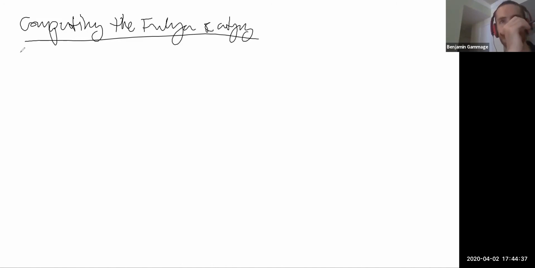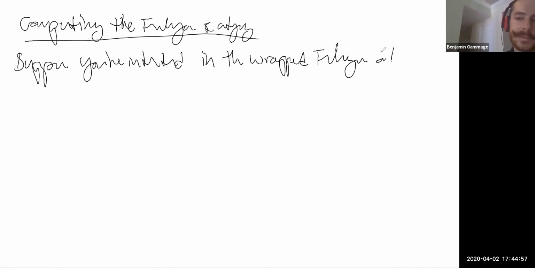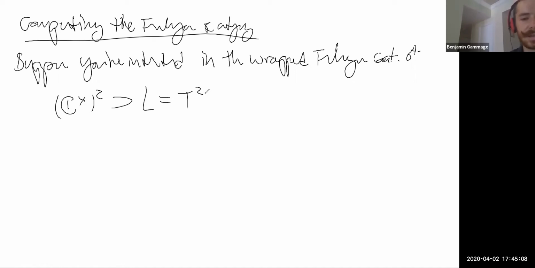First of all, all of my Fukaya categories will be wrapped. So in the wrapped Fukaya category of, as a warm-up, let's do C star squared. And inside here, this has a favorite Lagrangian of mine, which is the compact 2 torus.